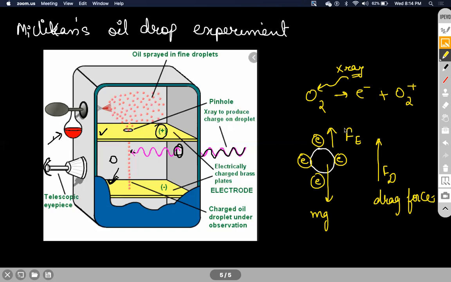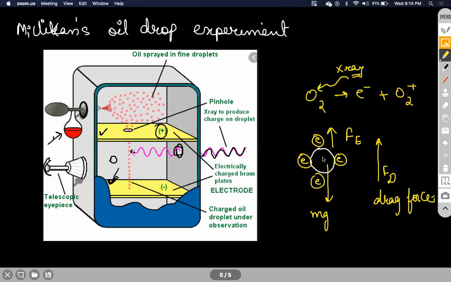That electron will stick to the oil droplets. So the oil droplet has electrons on it. Now the oil droplet is falling, so the electron will face a force in the upward direction, that is the electrostatic force.